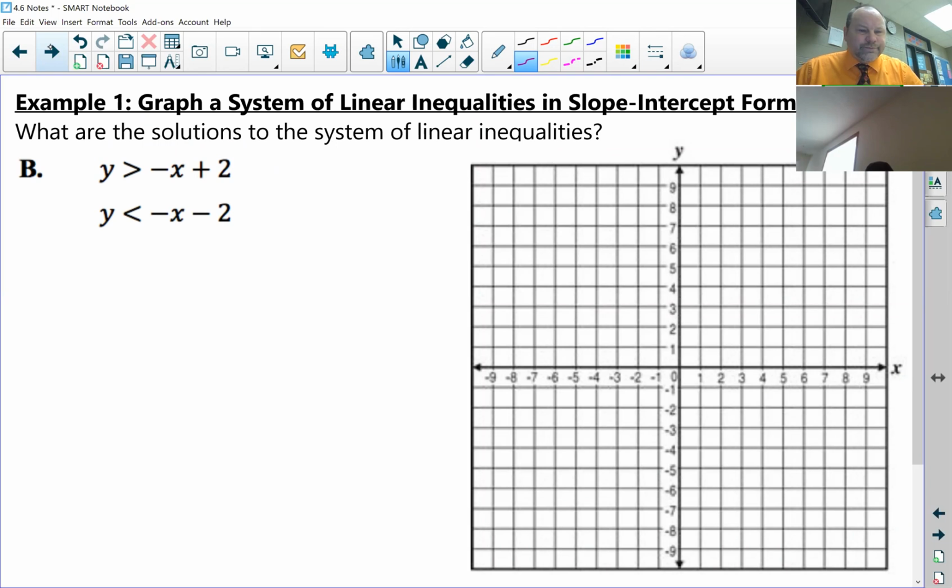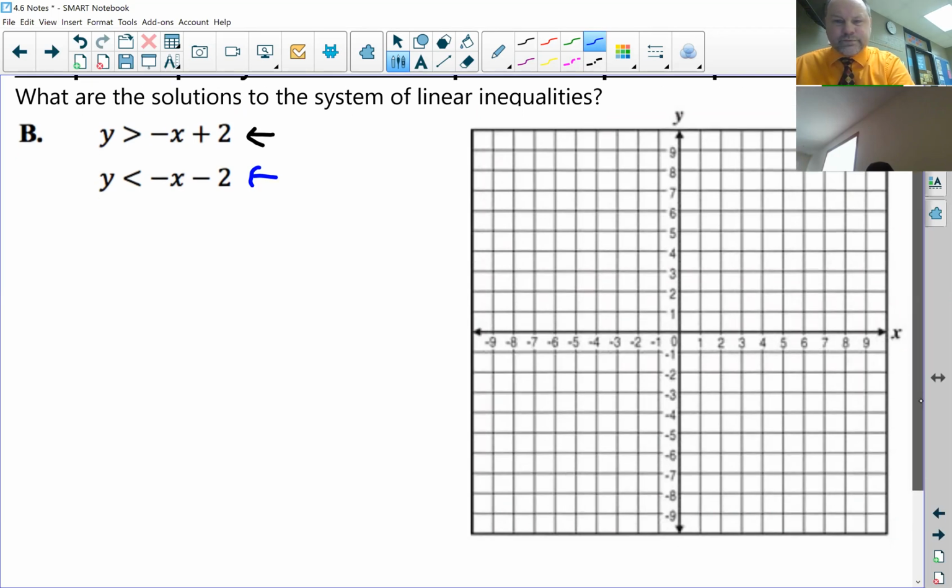All right, let's try this one. I'm going to use my black pen for this one and my blue pen for this one. So again, y is greater than negative x plus 2.